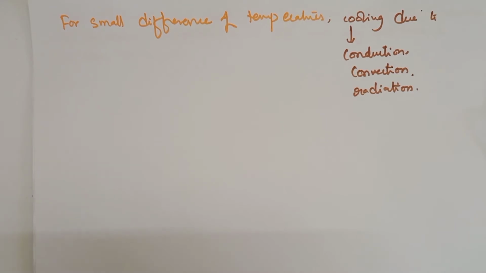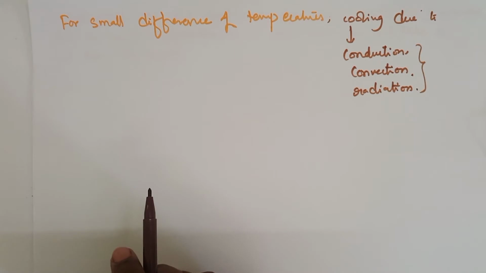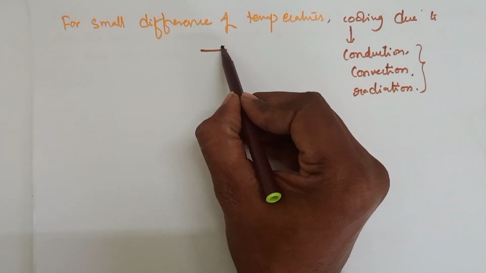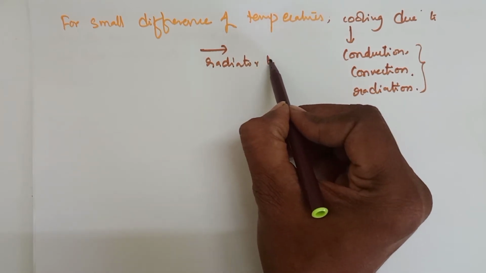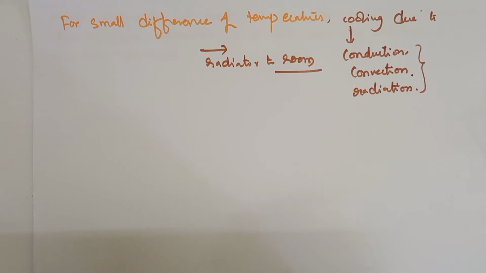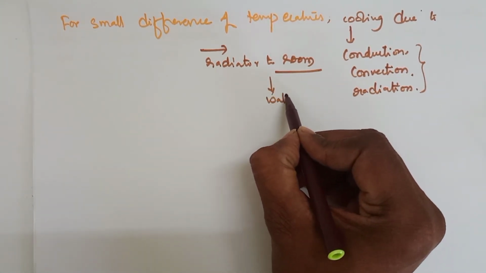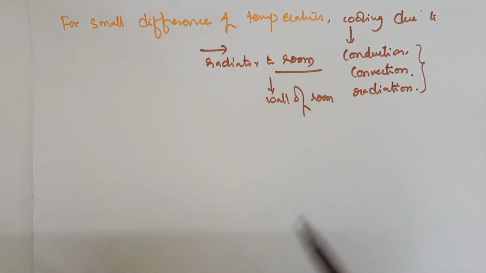Conduction and convection, radiation, which are three phenomena combined, is out of syllabus for us, so it was not discussed. So it is a valid approximation where heat transfer from radiator to room, or radiator through the wall of the room, like the cooling of a cup of tea which is placed on the table.